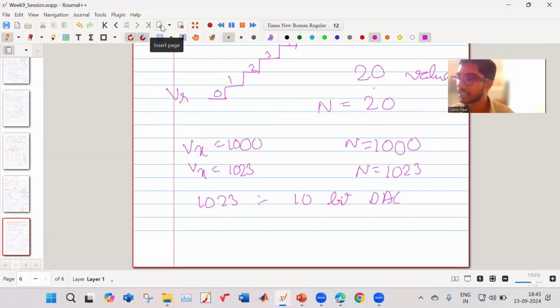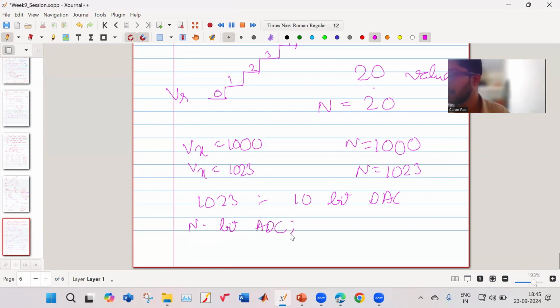So for an n-bit ADC, the number of counts required was 2 raised to n, which is very large.